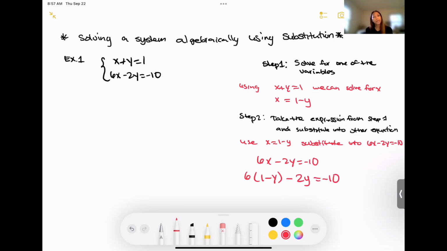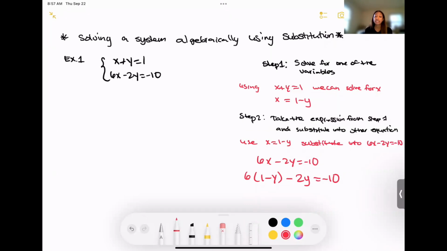All right, what's the point of this? In order to solve an equation, we only right now have techniques for solving equations with one variable. So if we have something like 6x minus 2y equals negative 10, we can't solve for x and get a number, or solve for y and get a number, because we have two variables.